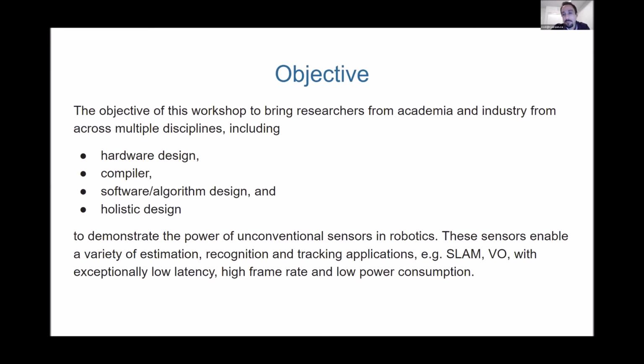These sensors have applications in a variety of solutions and problems, such as estimation, recognition, tracking, including SLAM and visual odometry, as you will see them in some of the demos today. The solutions offer low latency, high frame rate, and low power consumption.